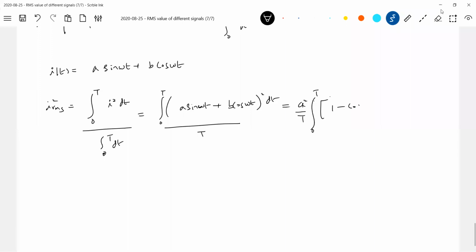This will be 1 minus cos 2 omega t dt, plus b square by T, the 2 I took outside, 1 plus cos 2 omega t dt outside. Then the other will be 2ab, integral 0 to T.